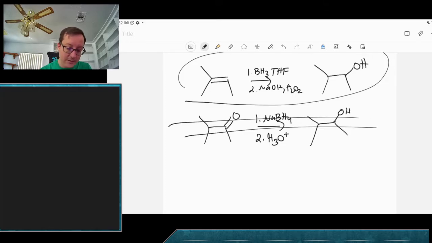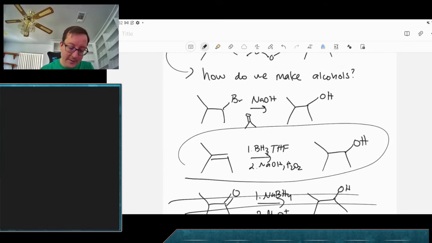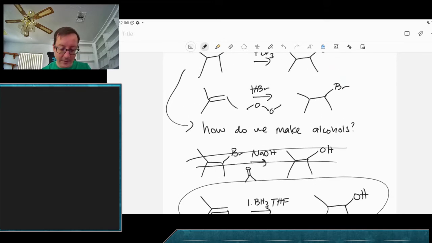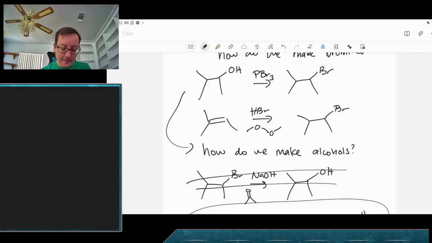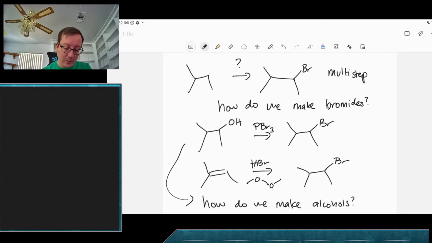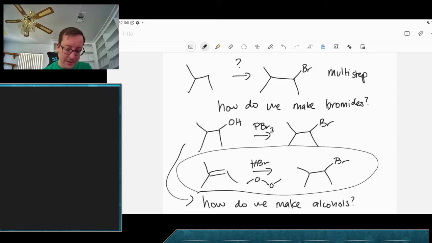No good. Of course, this one is also no good because that's taking our product that we're looking for and turning it into something else. So that's not useful. But we saw in our previous example that this is another way to make the bromide from the alkene.